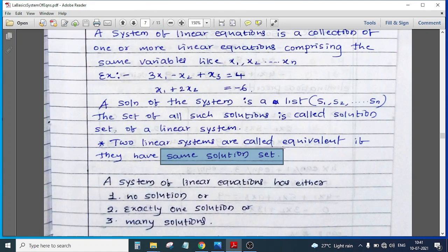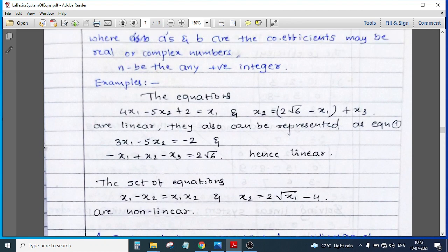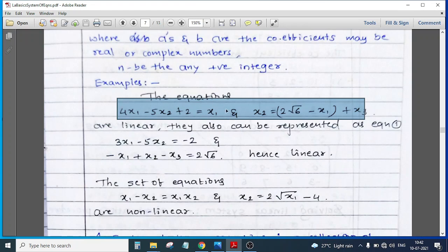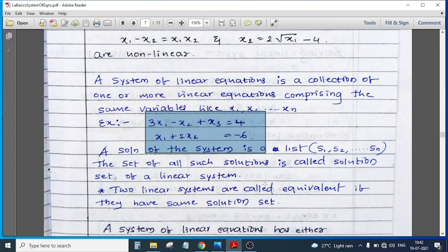That is, say this is my first system of linear equations, and I have another system of linear equations, say this is my second system. The solution of the first system will be S1, S2 and S3, and the solution of the second system would be S1, S2 and S3 as well. If they are equal, then we say they have the same solution set.